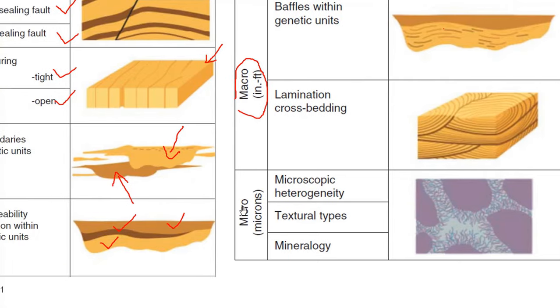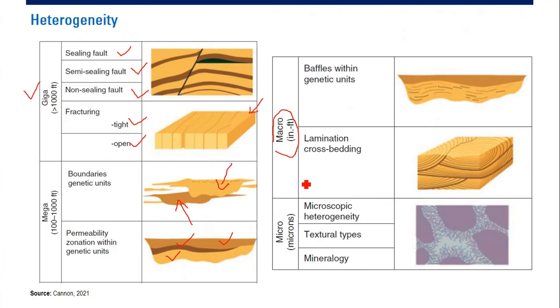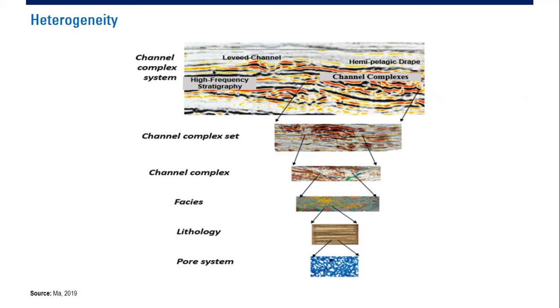And for the micro scale, or microns, we have microscopic heterogeneity because of textural types or because of differences in mineralogy. So all of these aspects will give us heterogeneity. All of these aspects will make our reservoir heterogeneous, and it will make modeling very, very difficult. Again, it's another depiction of heterogeneity.